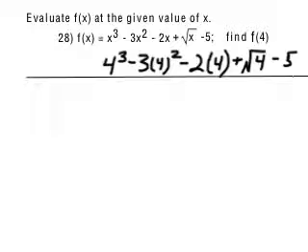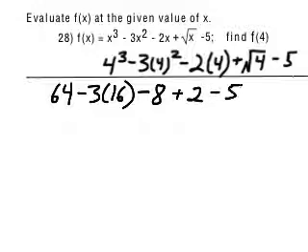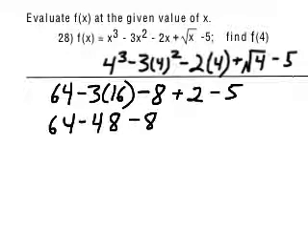Okay, just to show you that the other way will work fine, let's do this again. 4 to the third power we found out was 64. Okay, then it's negative 3 times 16 minus 8. 2 times 4 is 8, plus square root of 4 is 2, minus 5. Okay, and so we have 64, and we found out this was 48, so negative 48 minus 8 plus 2 minus 5.